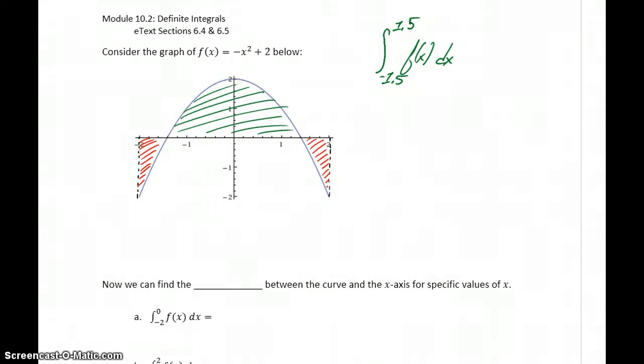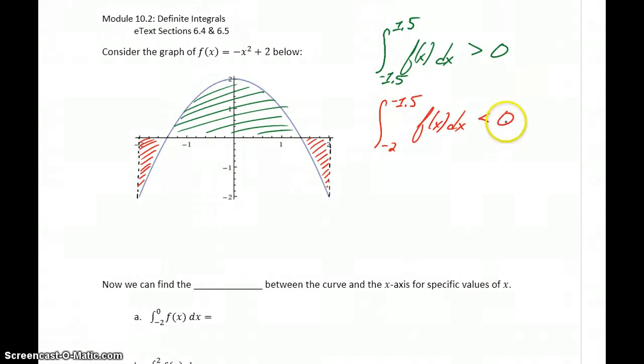So without coming up with what exactly that area is, we know that that result is going to be something positive because the area over that interval is completely above the x-axis. Versus if we looked at finding the definite integral of our function from, say, negative 2 to negative 1.5, that area would end up being something less than 0.